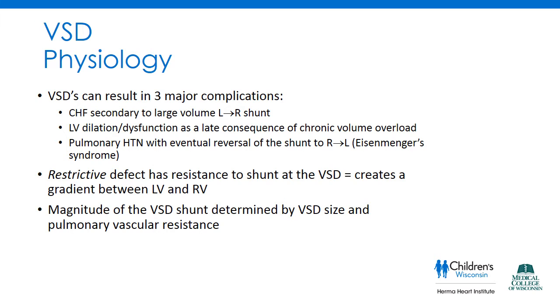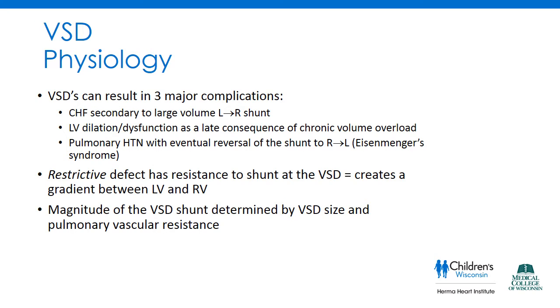The pulmonary hypertension results from this chronic left to right shunt, which results in pulmonary arterial changes in the blood vessels and increased pressures, which over very long periods of time results in a right to left shunt, and then they can become cyanotic.